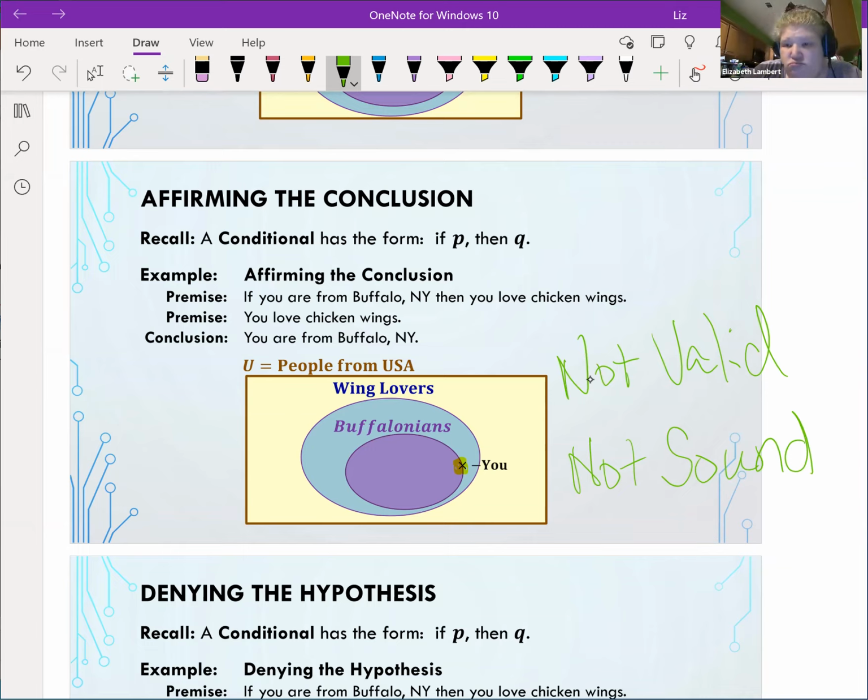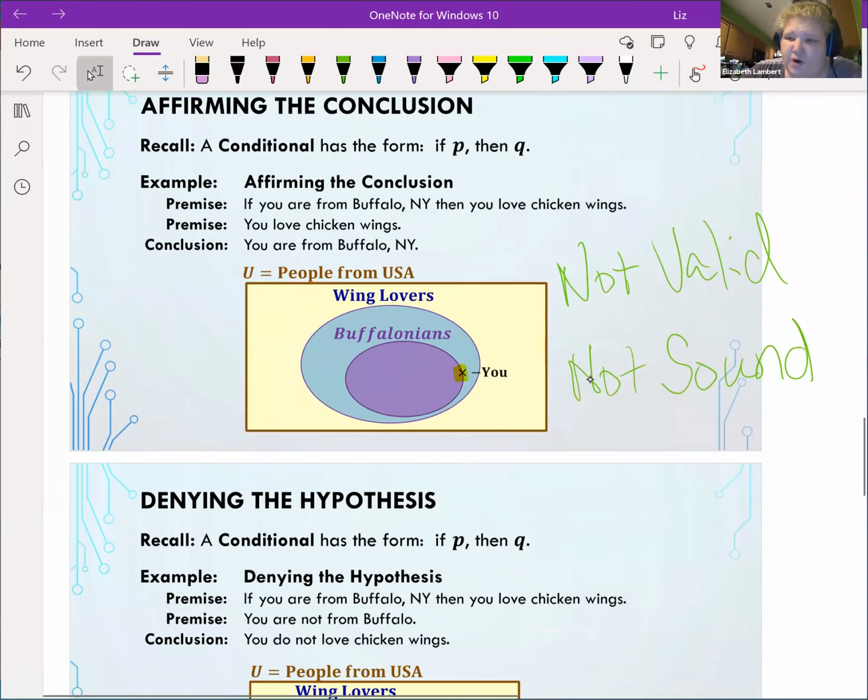So I can't affirm the conclusion to try to get a valid structure. This is because if you look at the truth table, if P is false, then Q could be true or false, and my statement is still considered true because I didn't meet the initial conditions of the statement. So when I know something about the conclusion, it doesn't tell me anything about the initial statement. Just because you love chicken wings doesn't mean you have to be from Buffalo.